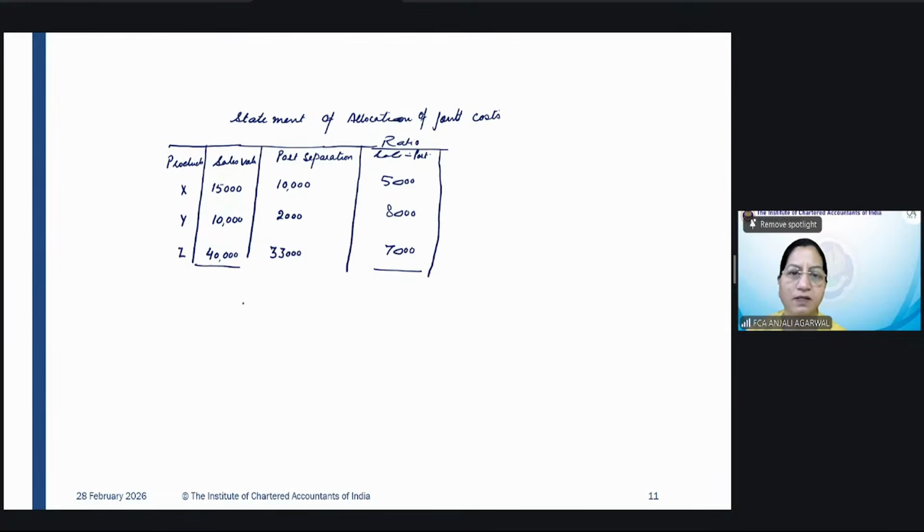So you will divide the joint costs amongst product X, Y, Z in the ratio of 5:8:7, which comes out to be exactly 20. So 20,000 would be allocated to X, Y, and Z in this ratio.